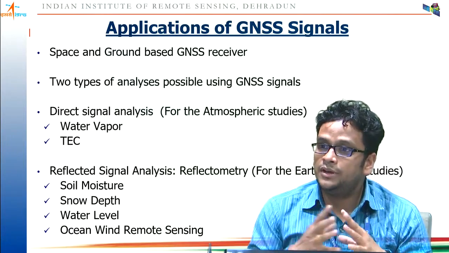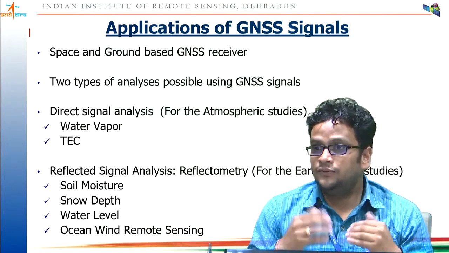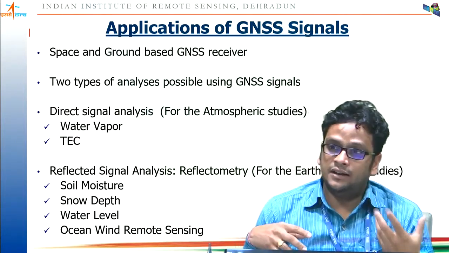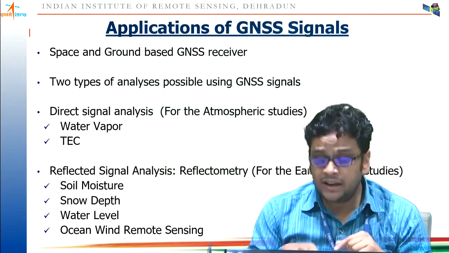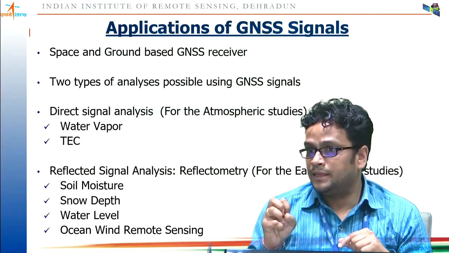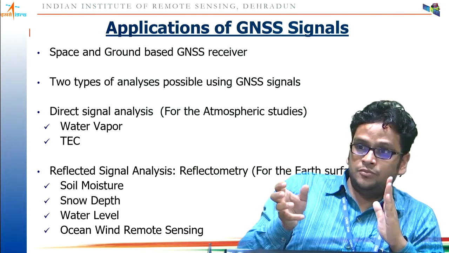That geometric distance will be used for precise positioning. If we are able to correctly remove these delays, then our estimated position will be more precise. Now secondly, if we are able to know these delays from the data, then we are not using these models.